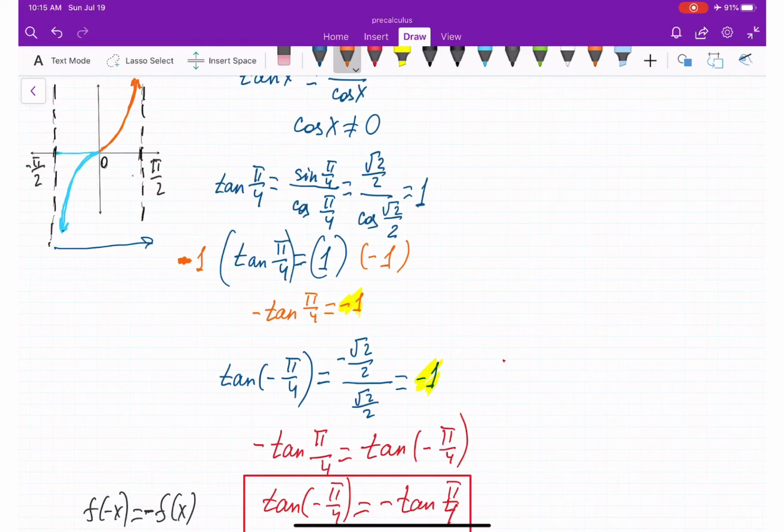From the point of y, it's going from negative 1 to 0, and then from 0 to positive 1. So it's increasing throughout the period. Or it's increasing from negative half a pi to 0, or from 0 to half a pi.